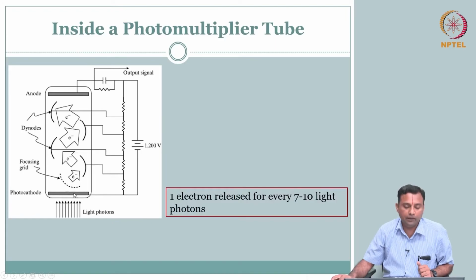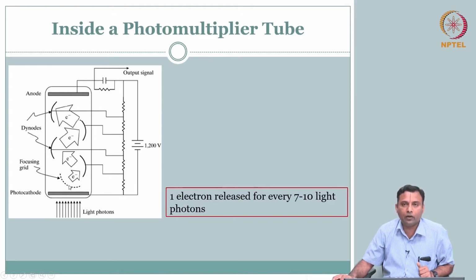Then you see these structures, also called focusing grids. These are dynodes, each one kept successively at a higher voltage than the previous one, which is used to steer the electrons. So for every 7 to 10 light photons you have 1 electron.